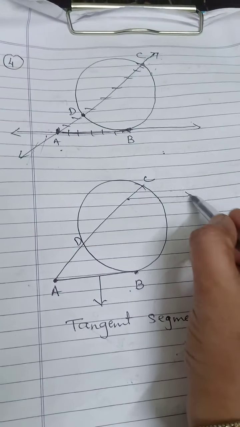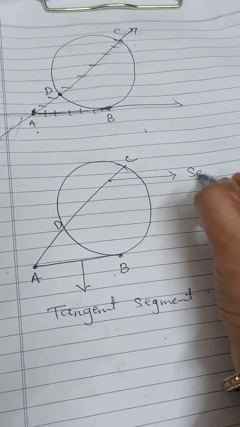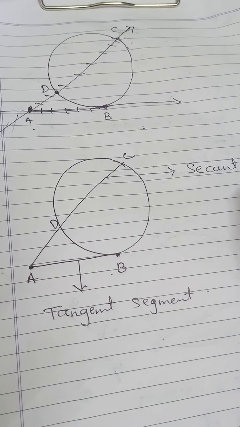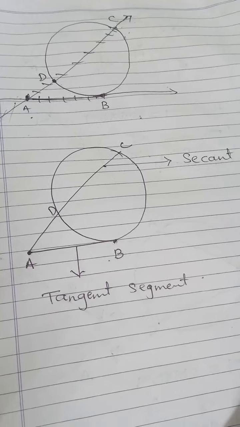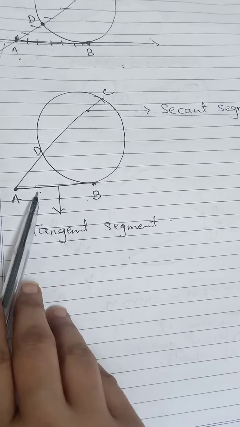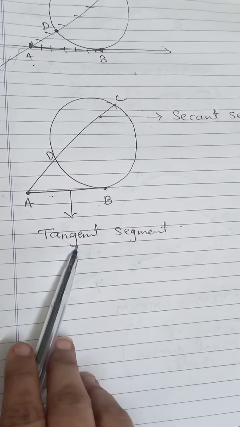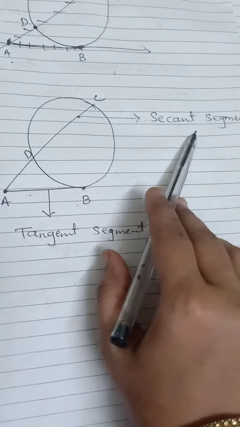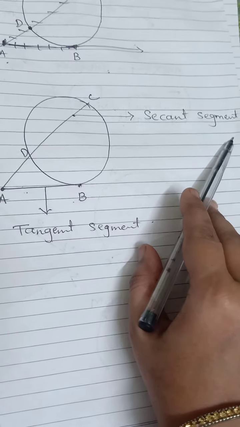Therefore this part is known as secant segment. First we have taken the segment from the tangent, so it is known as tangent segment. Here we have taken the segment from the secant, so it is called secant segment.